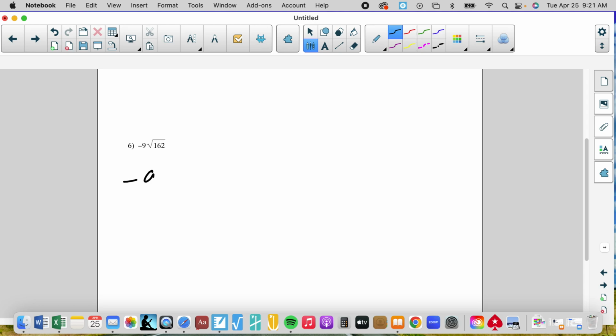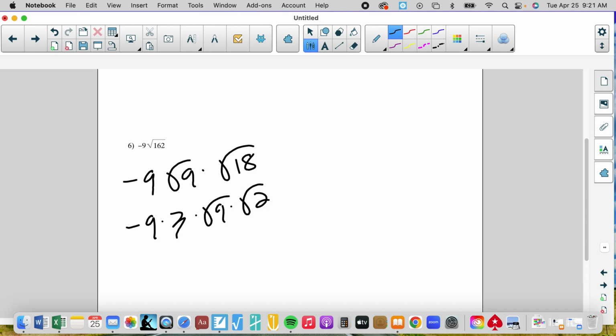Coefficient is -9, rad 162. I'm going to break that into 162 divided by 9. Back at 9 again. 9 goes 1 times. That's 72, which is 8. So rad 9 times 18, and 18 is 9 times 2.